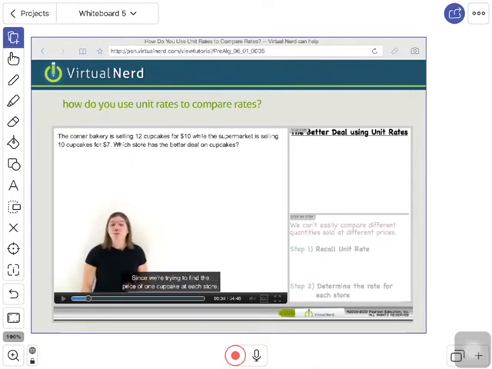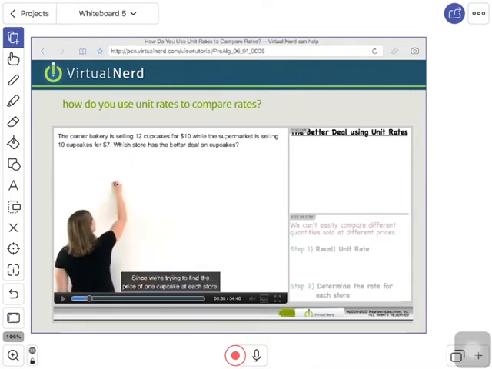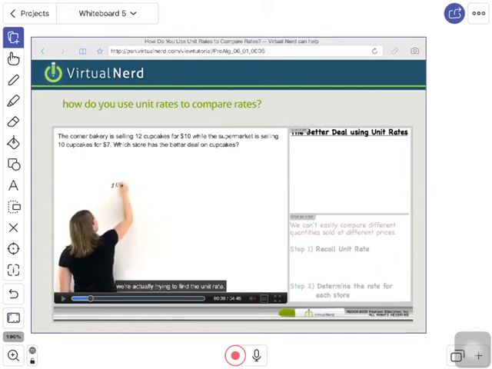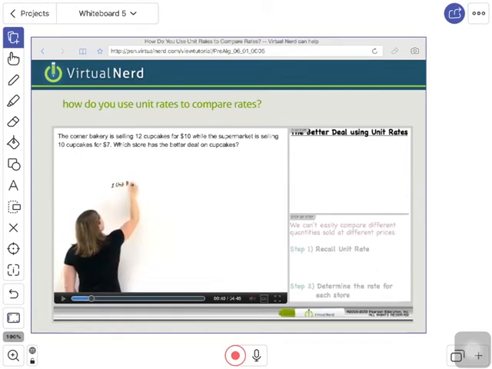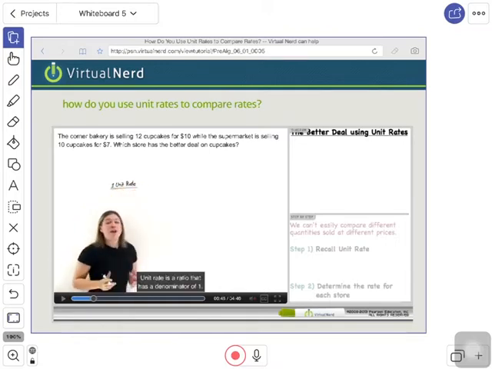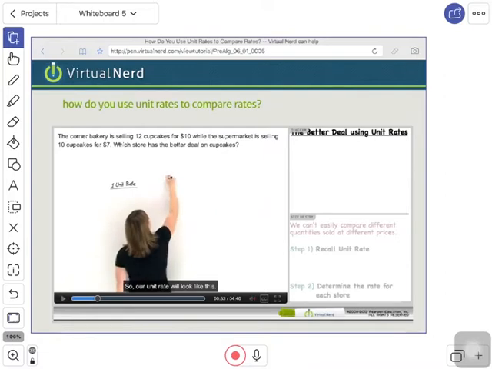Since we're trying to find the price of one cupcake at each store, we're actually trying to find the unit rate. So let's recall unit rate. Unit rate is a ratio that has a denominator of 1. And in this problem, we're trying to find the price of one cupcake. So our unit rate will look like this.